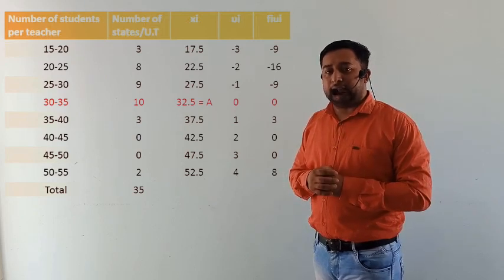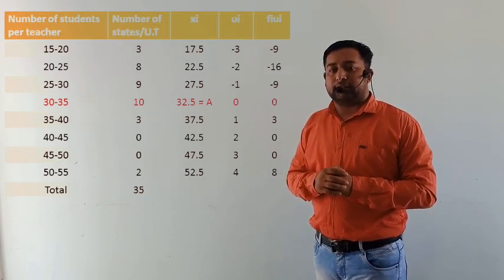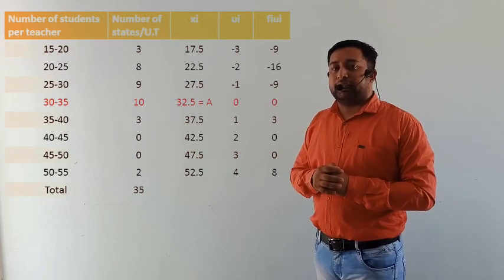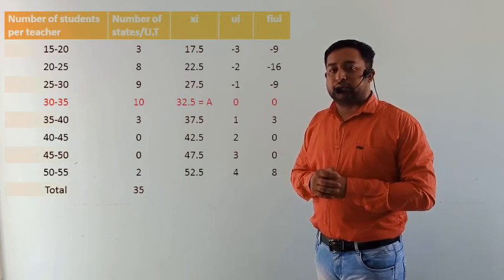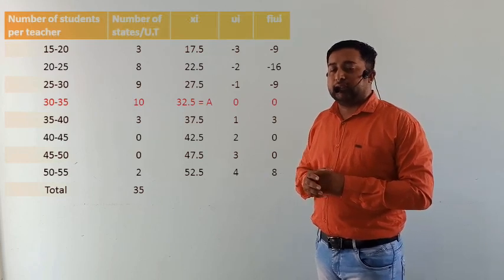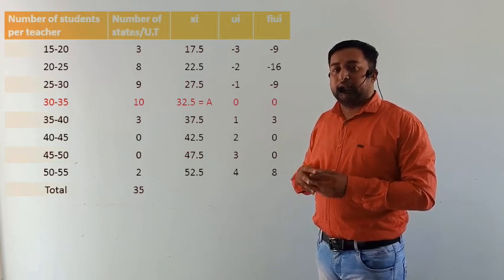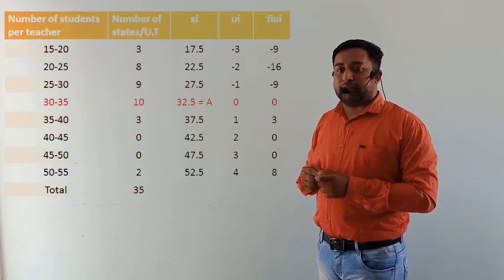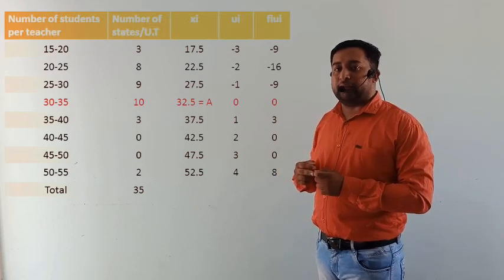3 3s are 9, with a negative sign. 8 2s are 16, negative. 9 1s are 9, negative. 10 into 0 is 0. 3 1s are 3. 0 into 2 is 0. 0 into 3 is 0. 2 4s are 8. Now adding negative terms and positive terms. Negative terms are minus 9 plus minus 16 is minus 25, plus minus 9 is minus 34. My positive terms are 3 plus 8 is 11.